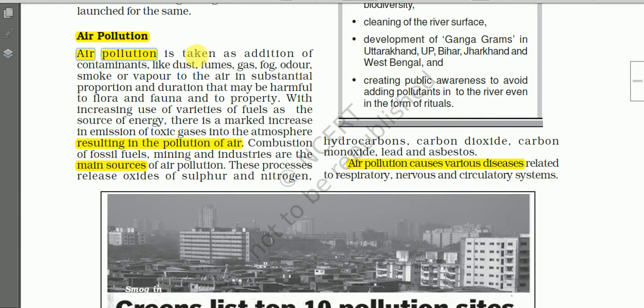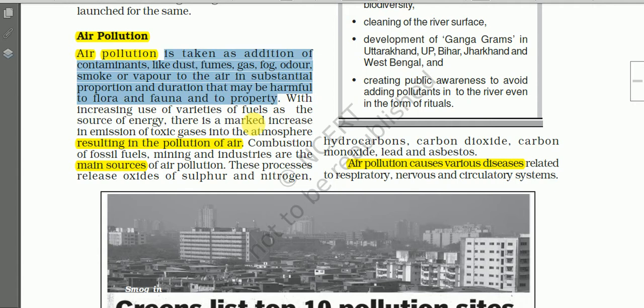So here we have a very exhaustive definition, okay? Air pollution is taken as the addition of contaminants like dust, fumes, gas, fog, odor, smoke or vapor to the air in substantial proportion and duration that may be harmful to flora and fauna and to property.